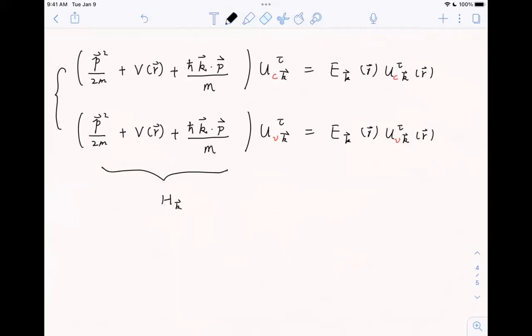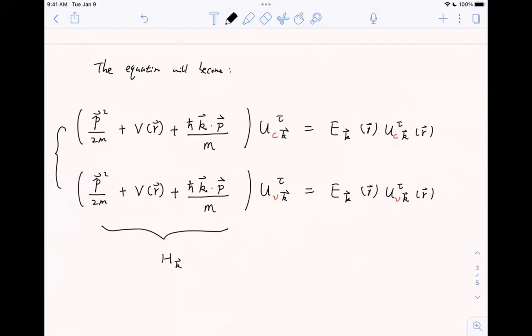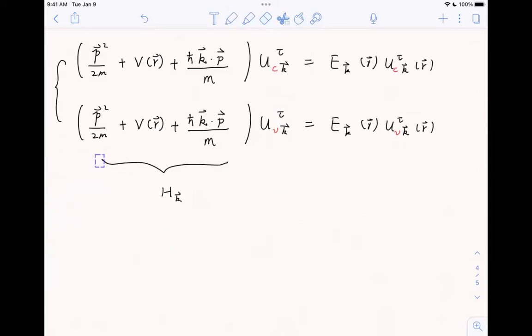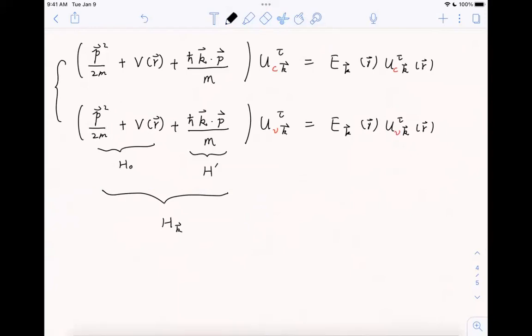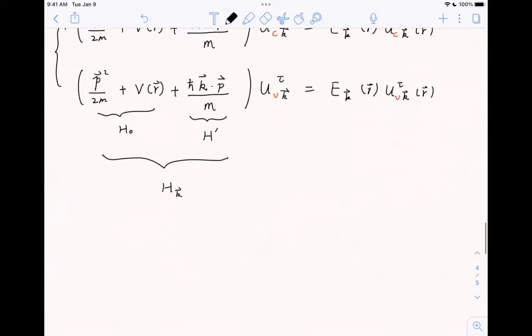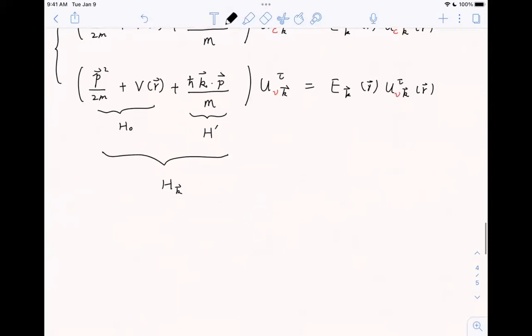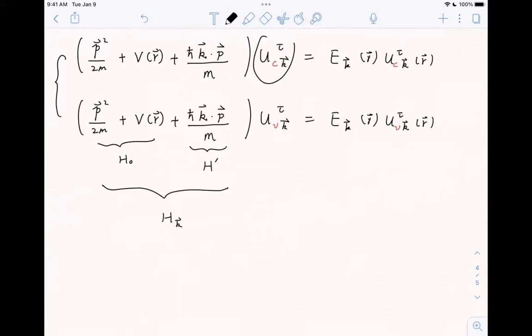So we're going to name this as H0, the original Hamiltonian, and this one we just call it H prime. Okay, that means it's a perturbation. So we are going to solve this.